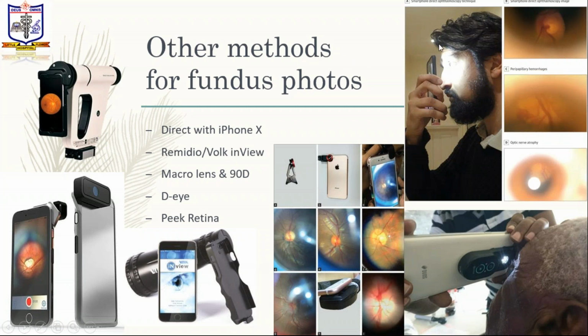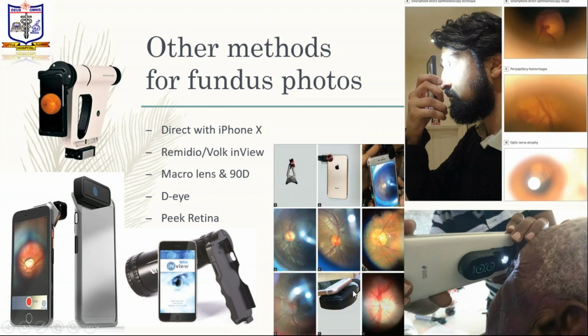This was published recently, like last month. He used a smartphone, iPhone 10, which had almost coaxial illumination to take fundus photographs of himself without using any additional equipment. This is with an extra macro lens attached to the smartphone and a 20 diopter lens.